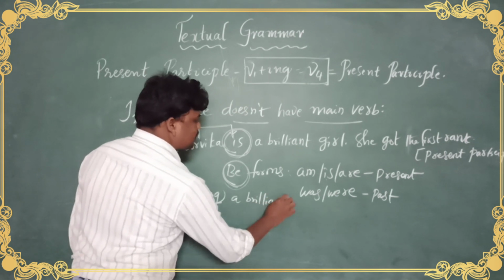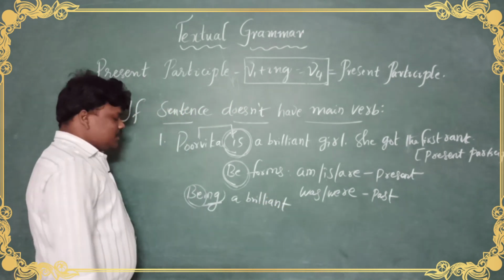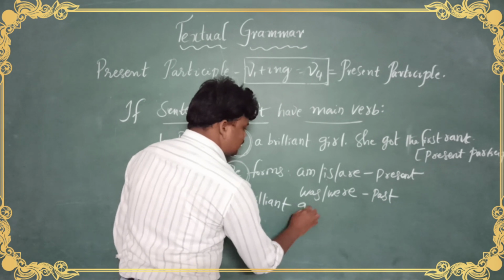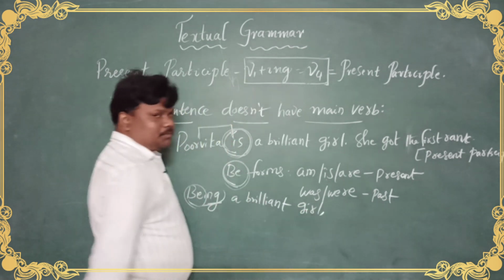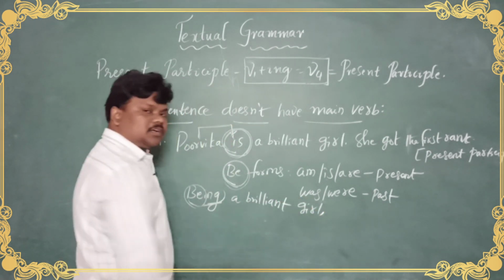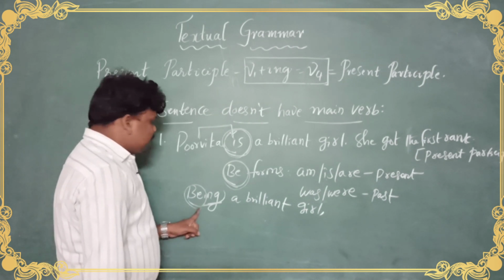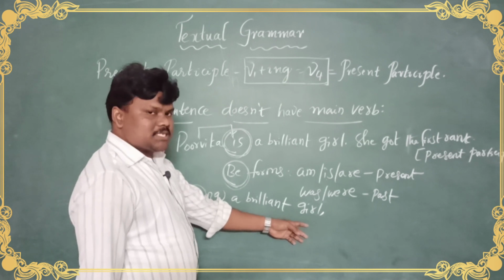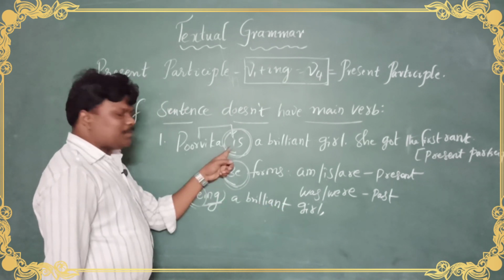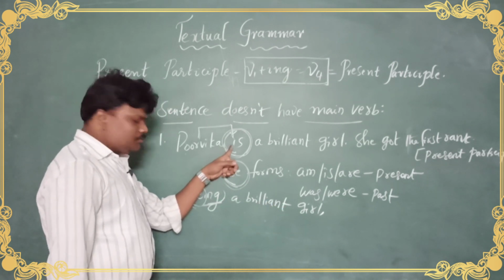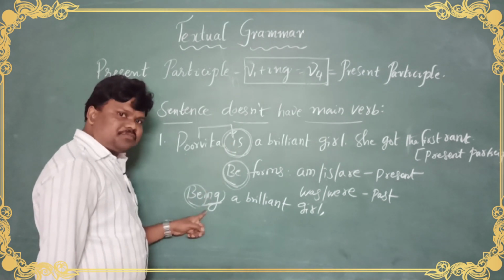Being a brilliant girl, not easing. Being a brilliant girl. Comma compulsory. If you forgot to keep the comma, then you will be in coma. Well, yes, being a brilliant girl, compulsory, being, as there is no main verb, as it is a B form, so that's why I add ing form for that.